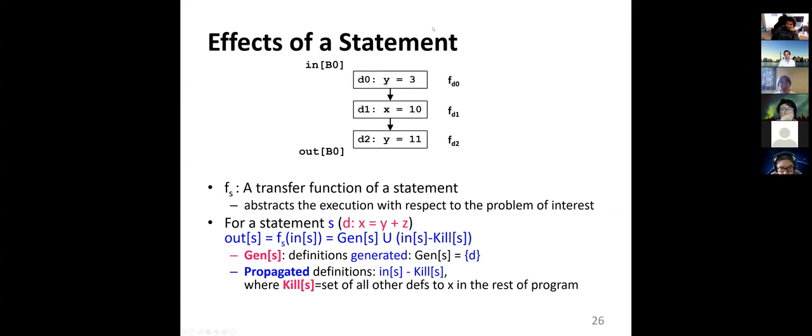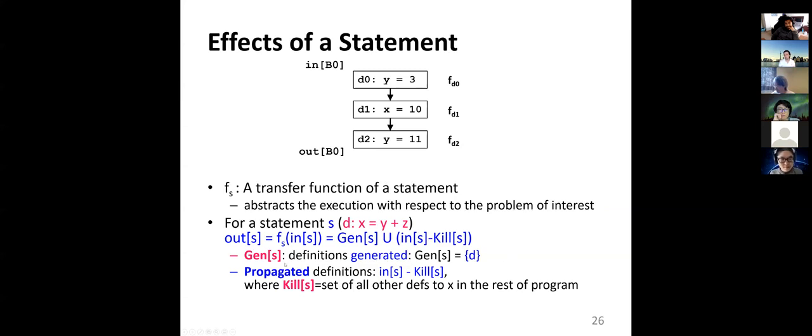So essentially, the transfer information of this statement with respect to reaching definition is GEN union IN minus KILL, where GEN is just one extra statement, right? It's just this def. And it's union of what it has as an input before minus what it's killed. And it can only kill any other definition of X from the rest of the program.